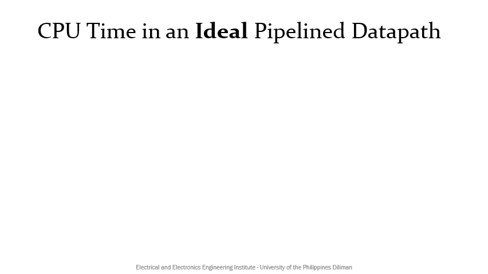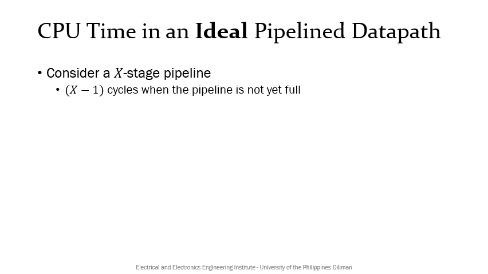Let's see how we can compute the CPU time in an ideal pipeline data path. We will disregard the non-ideal operation caused by hazards, which we will discuss only at the end of the lecture. For now, consider a general X-stage pipeline operating under ideal conditions. For the first X-1 cycles, the pipeline is not yet full and no instruction is finished within this time.